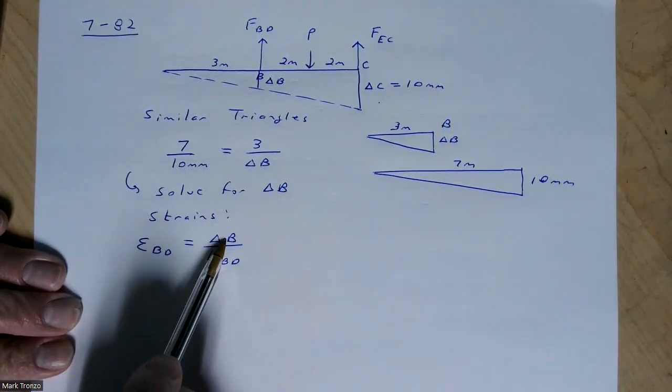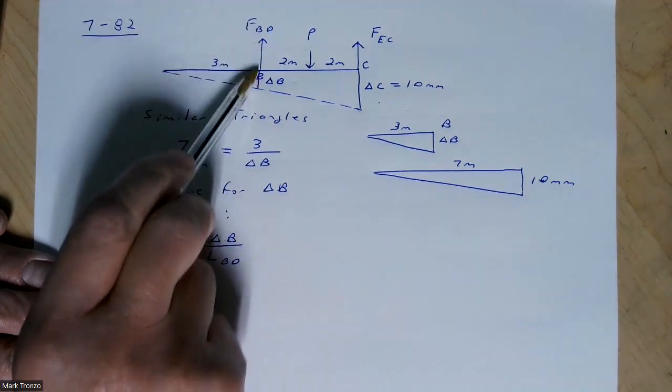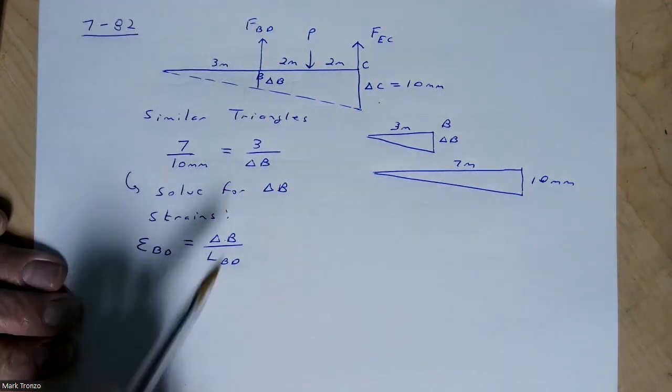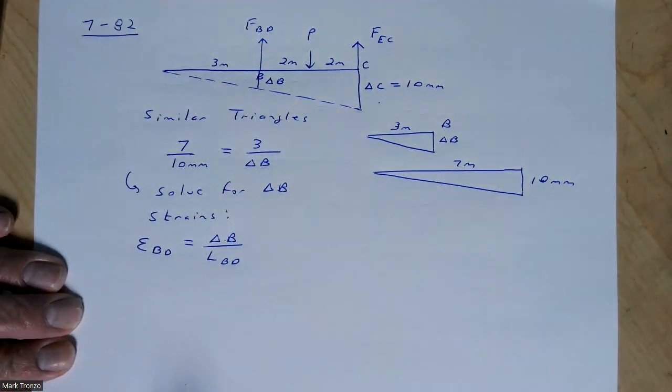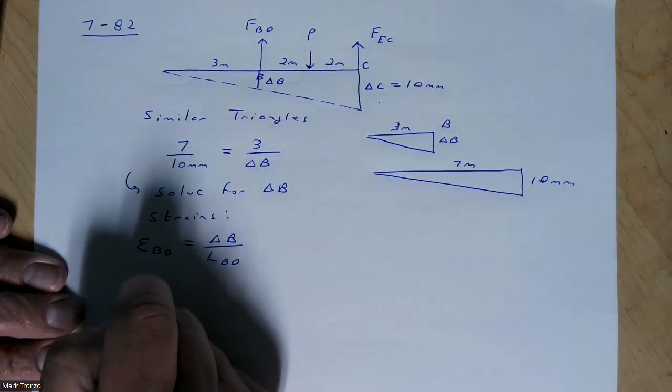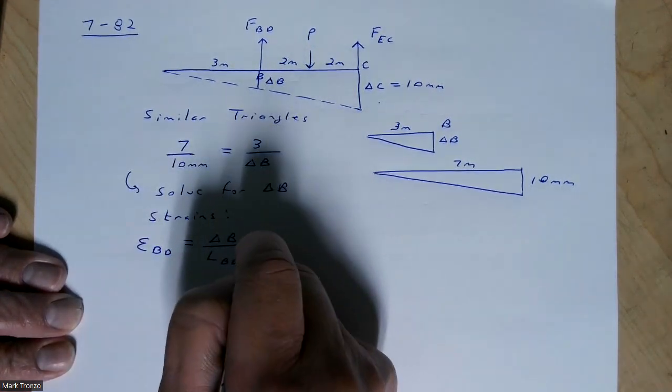So you found delta B up here, and use whatever length you were given for the total length of that wire. And that will give you the strain.